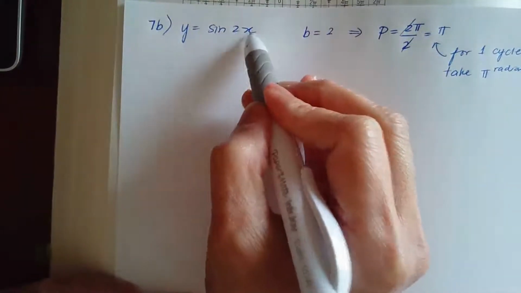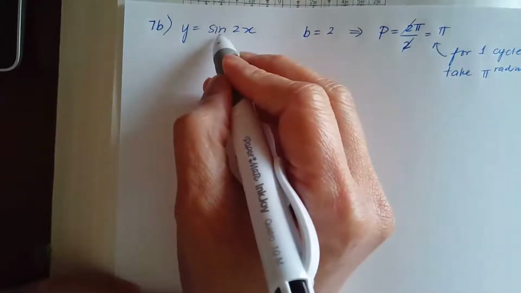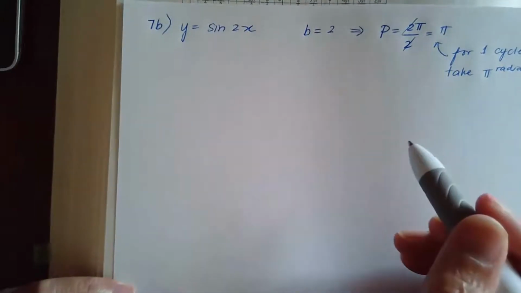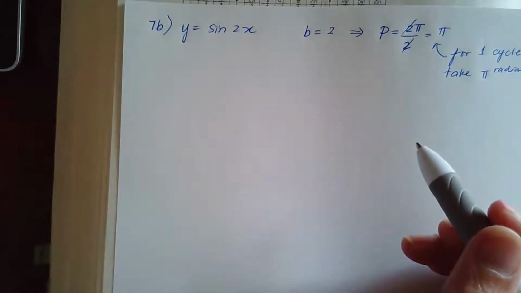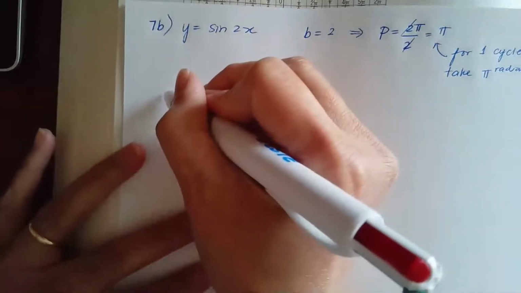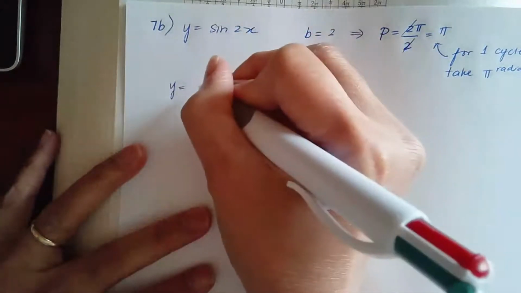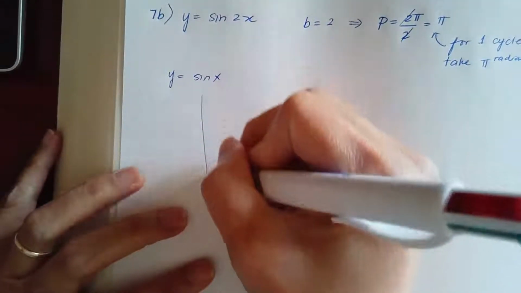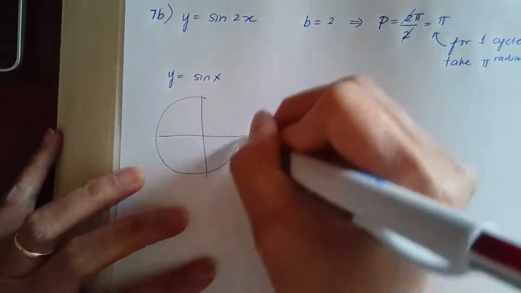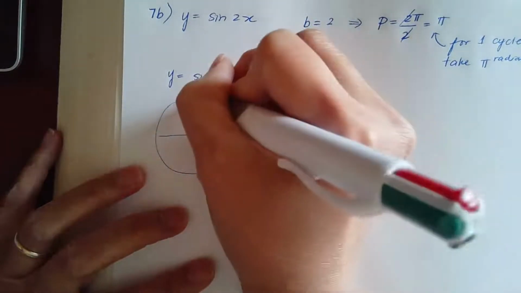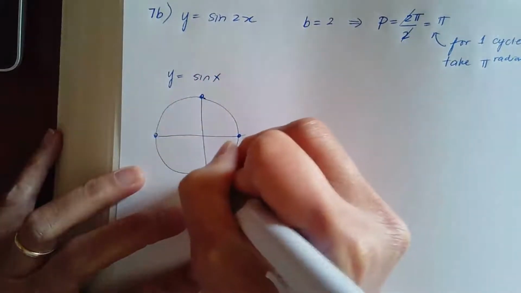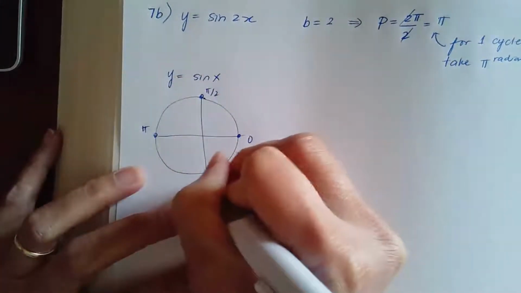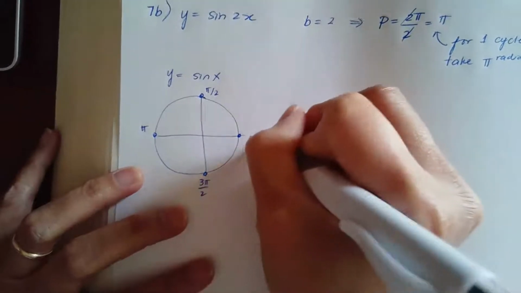Sine of 2x. Well, what does the sine of 2x look like? First of all, we're going to start with sine of x, so start with y equals sine of x. What does the sine of x look like? So these are your angles: 0, pi halves, pi, 3 pi halves, and then 2 pi.